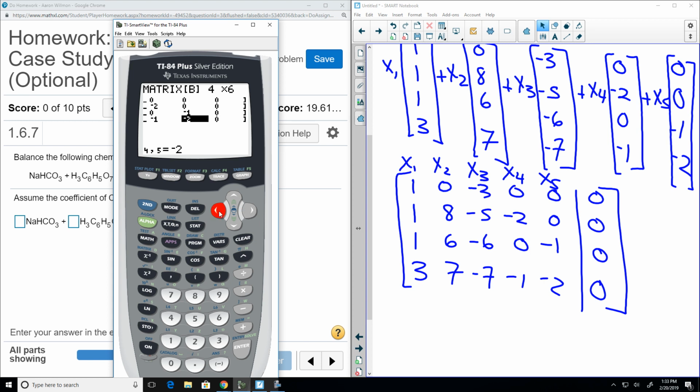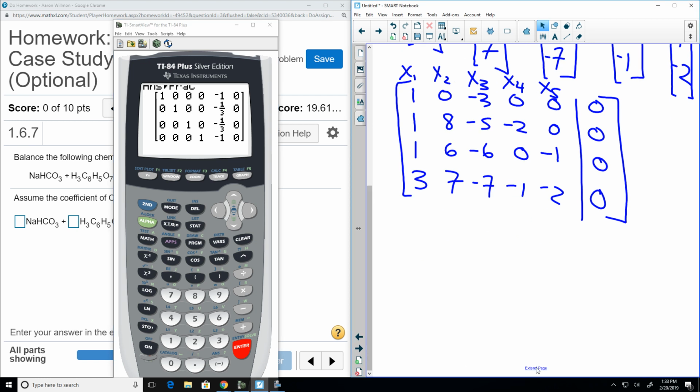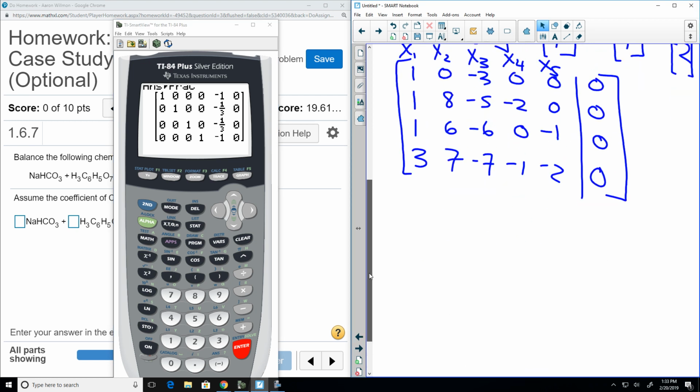That looks right. Okay. Row reduce. Let me get this.